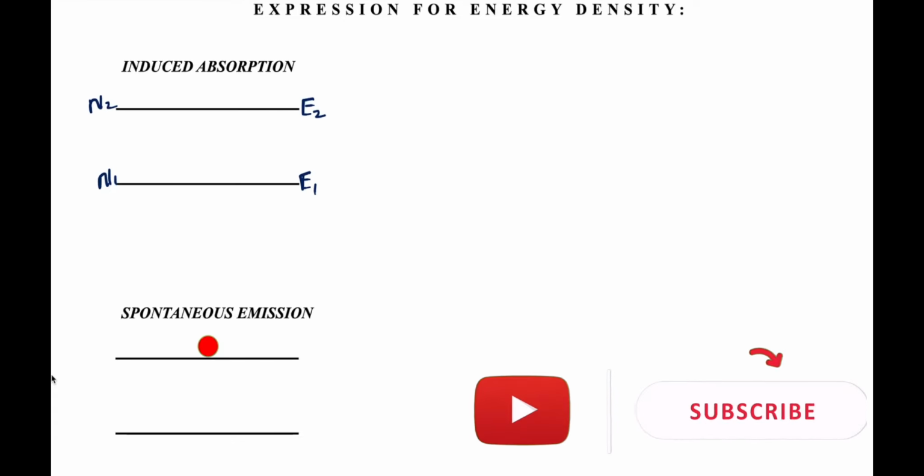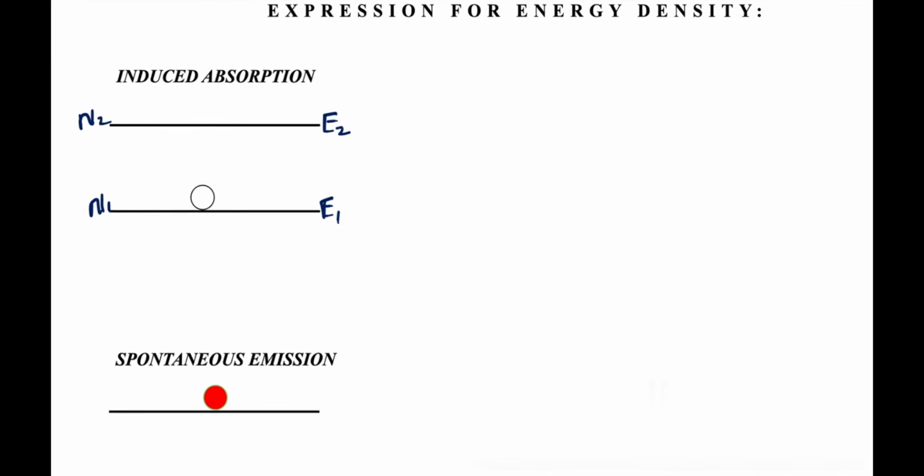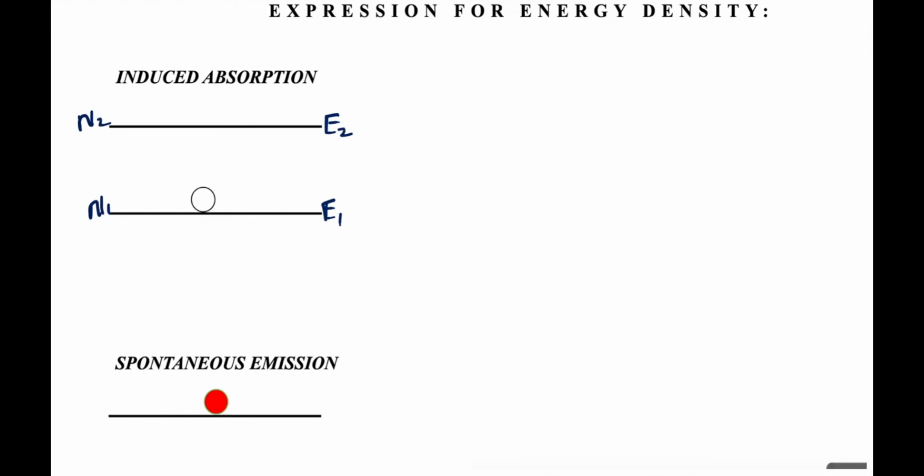So, starting with induced absorption. In this case, the electron is initially present in the ground state, the E1 state. Once it absorbs some energy, the electron gains that energy and moves towards the E2 level, the excited level.